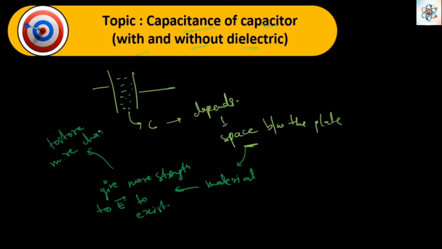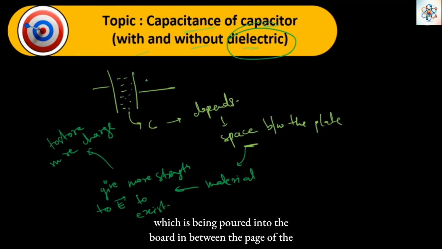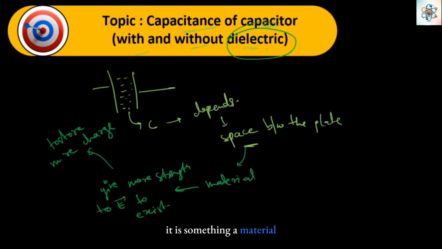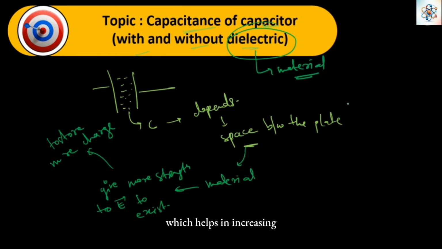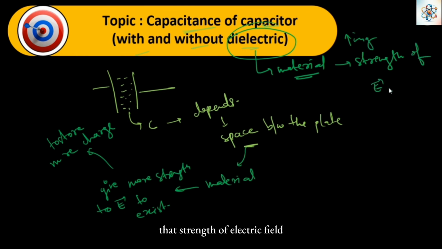So by filling in something, a dielectric, which is being poured in between the plates of the capacitor, that is a dielectric. It is a material which helps in increasing the strength of the electric field.